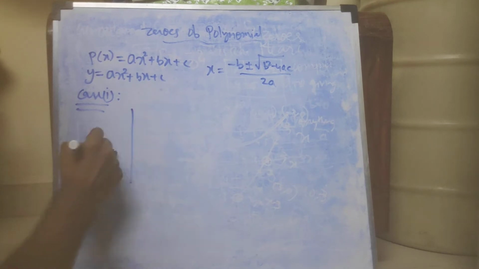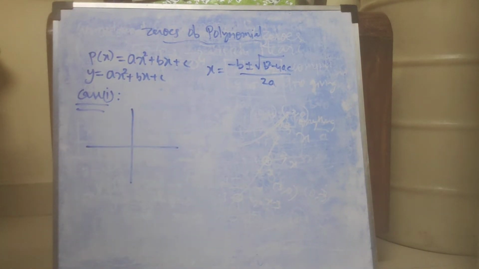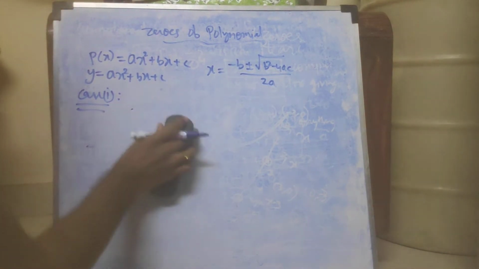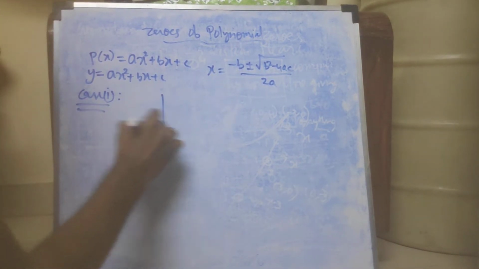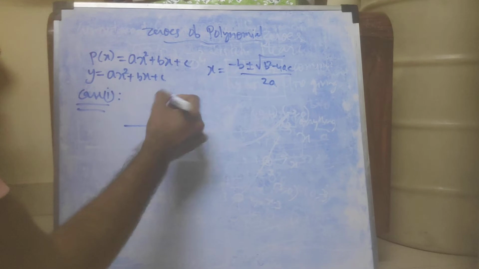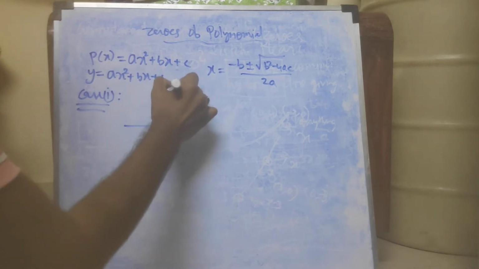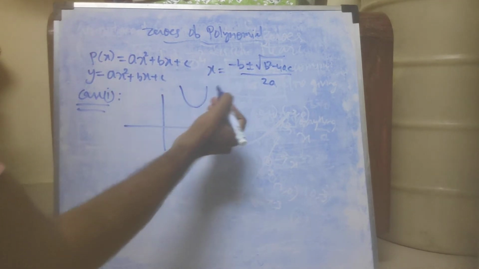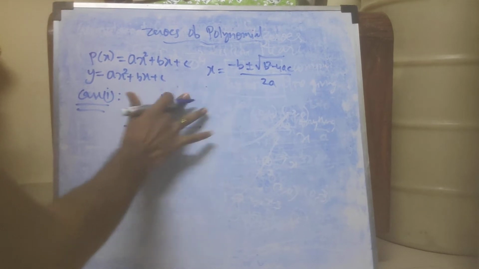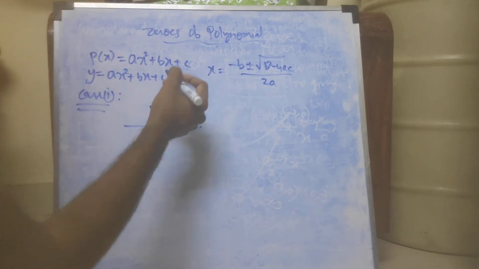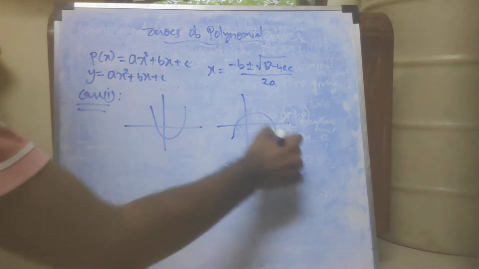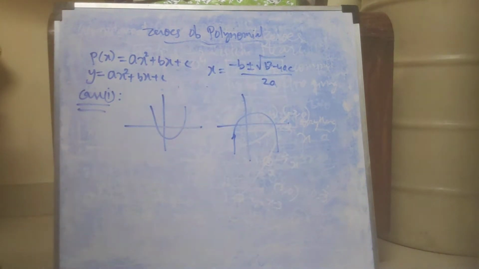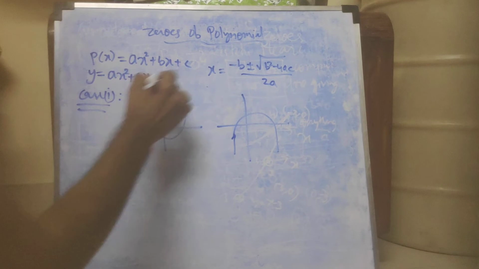So case 1 is when, generally, the quadratic polynomial graph is of parabolic form. It will be like this. This will be an upper parabola, like a U shape, or a downward parabola, depending on the value of a.